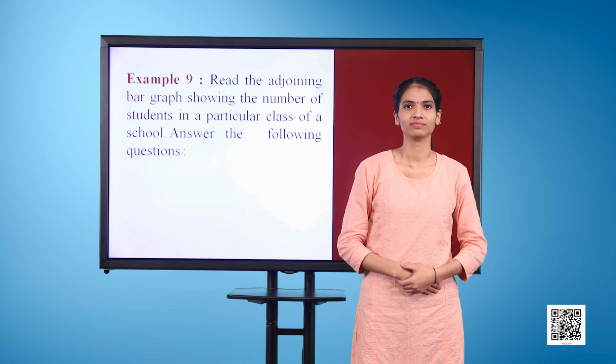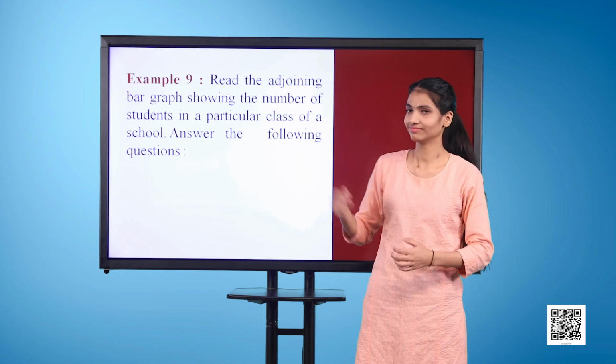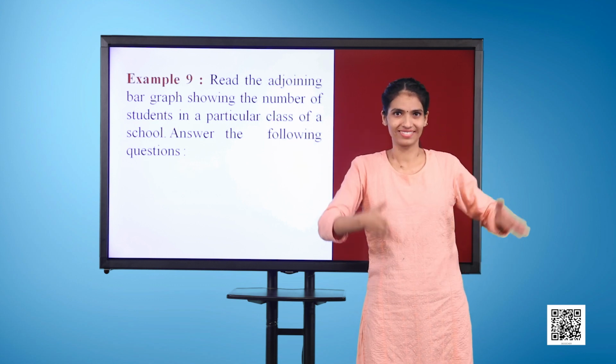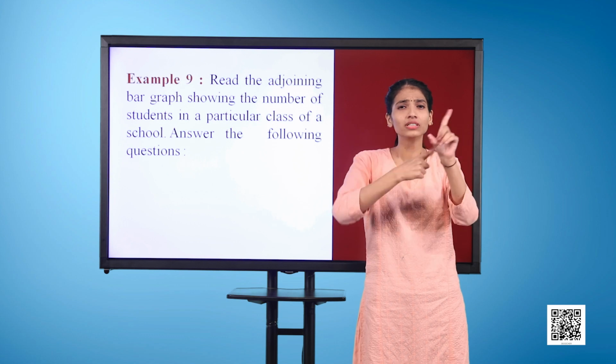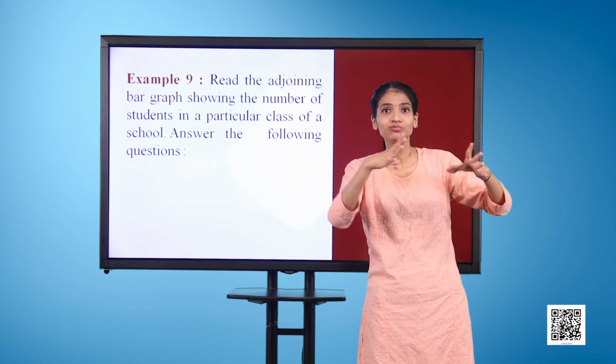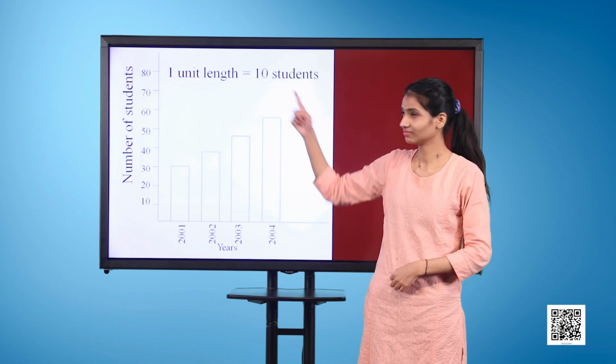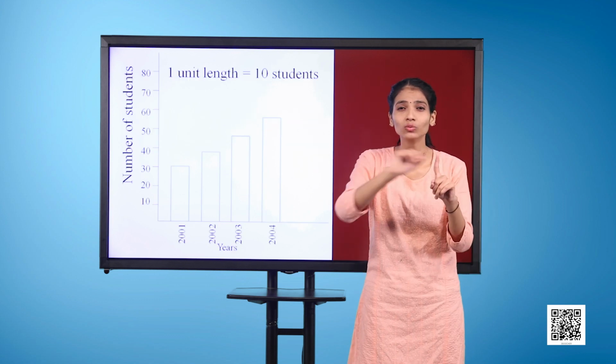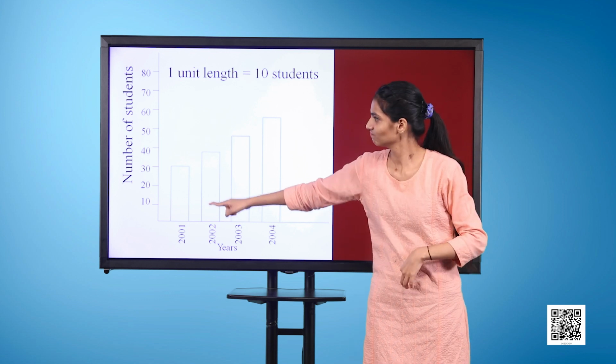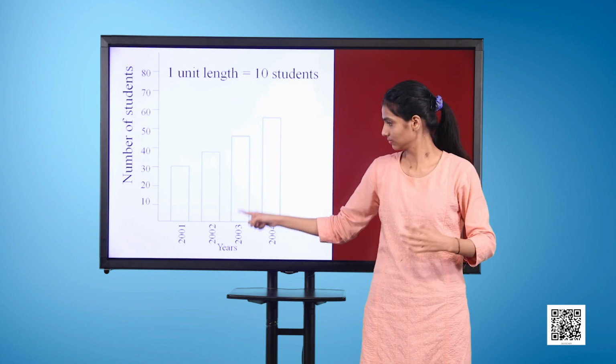Example 9. Read the adjoining bar graph showing the number of students in a particular class of a school. We have a bar graph giving years and number of students. 1 unit length is equal to 10 students.